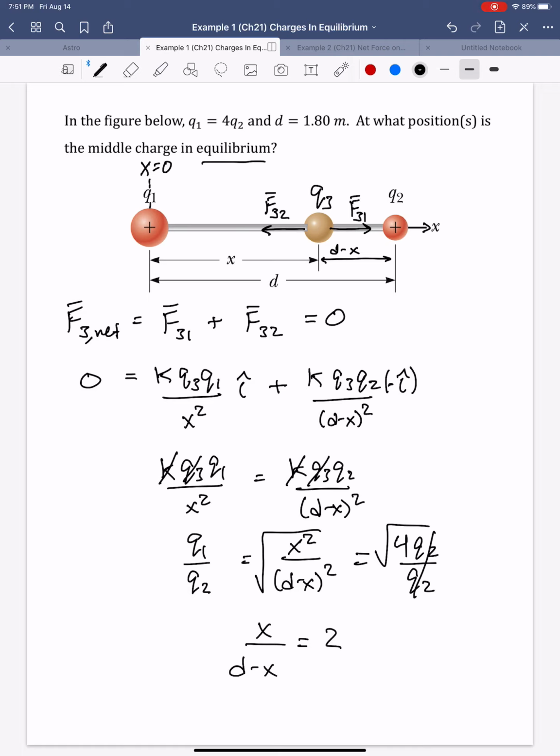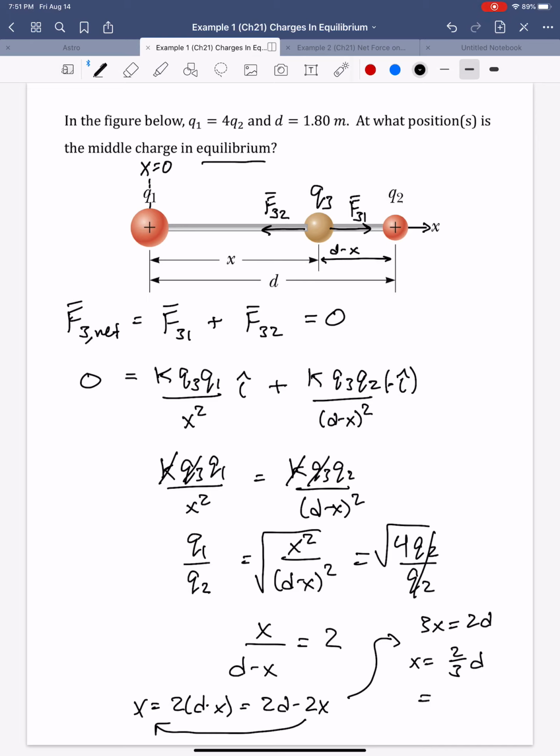Taking the d minus x to the right side, we have x equals 2 times d minus x, which equals 2d minus 2x. Take the 2x to the left side. We have 3x equals 2d, and solving for x gives us 2/3 the value of d, which should equal 1.2 meters.